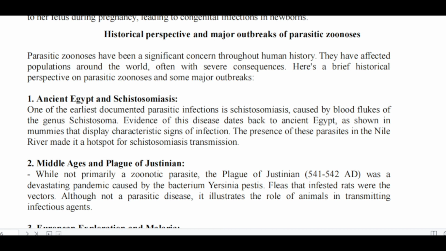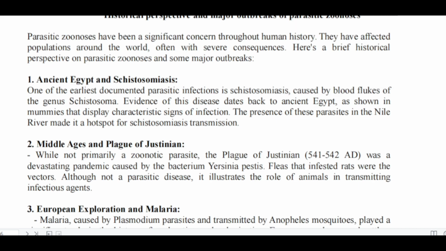Evidence of this disease dates back to ancient Egypt, as shown in mummies that display characteristic signs of the infection. The presence of this parasite in the Nile River made it a hot spot for schistosomiasis transmission.